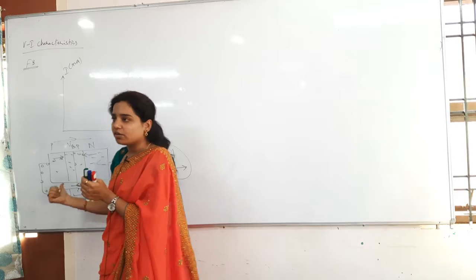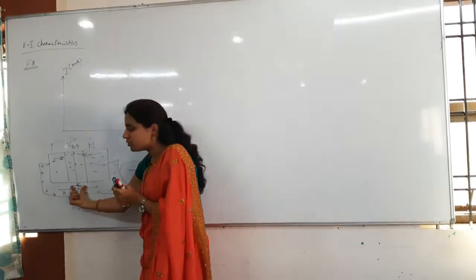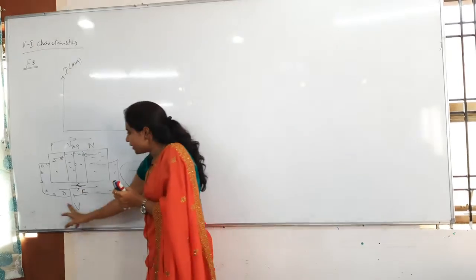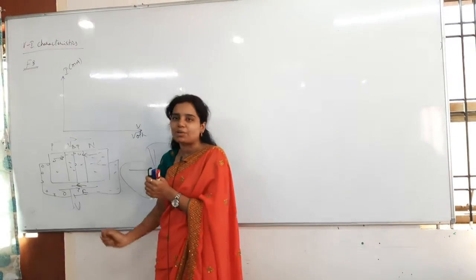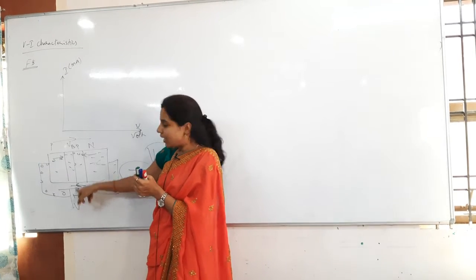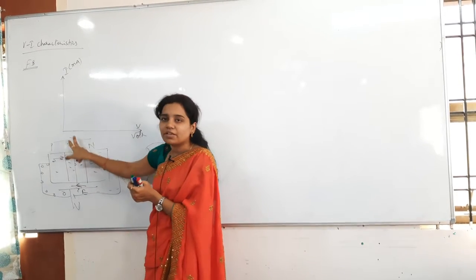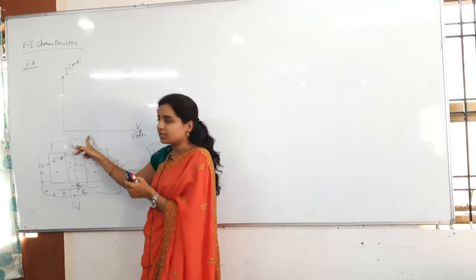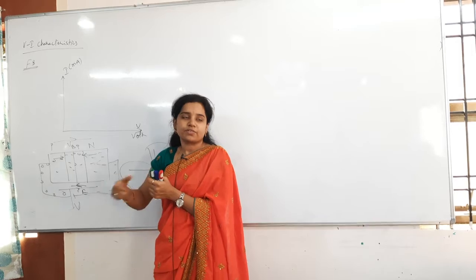In the same way here, up to some limit everything was okay, nothing was happening. Whenever I am continuously giving holes here, this electric field gets dominated by the new electric field. At that time the barrier potential will be overcome by using the external potential, and further conduction will start.